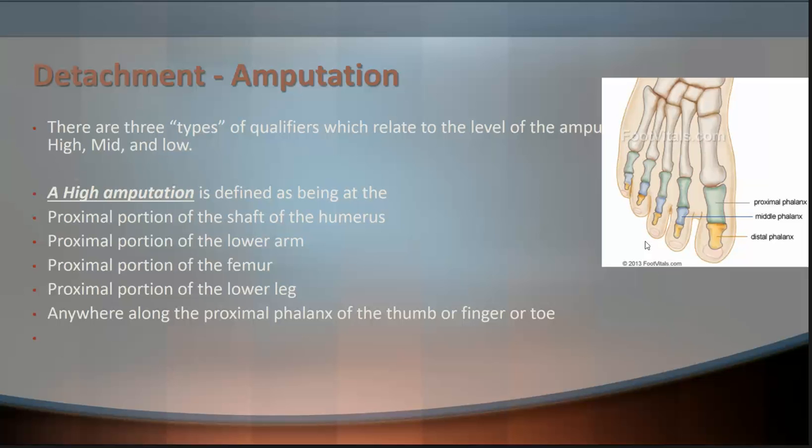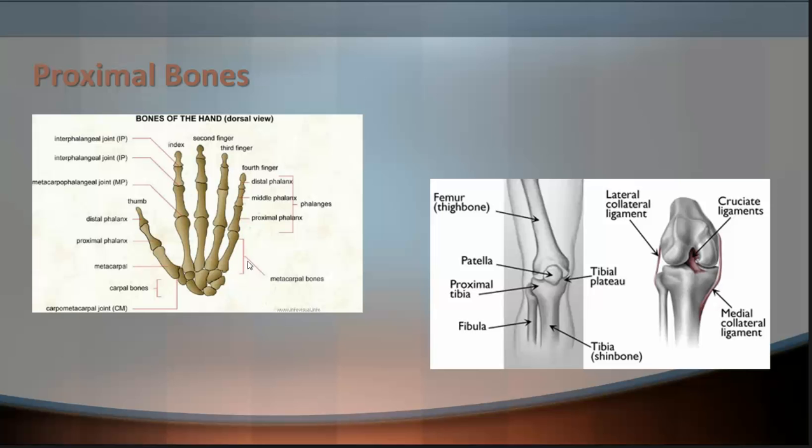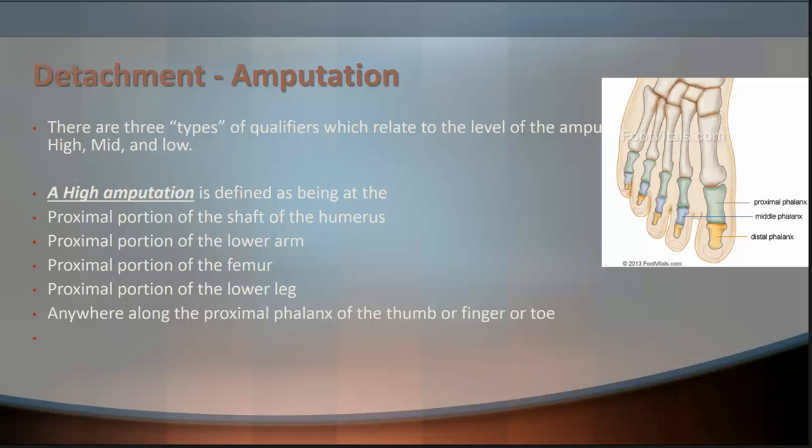So you have to be careful that you understand the anatomical distinction of the bones in the feet and the bones in the hand. Also, I have pictures here of the hands and also of the knee. So you want to pay attention to that.